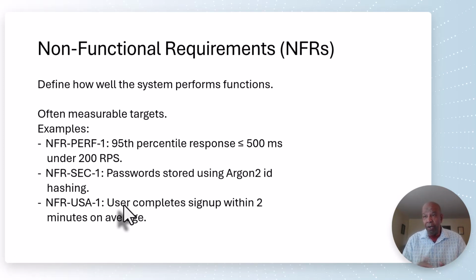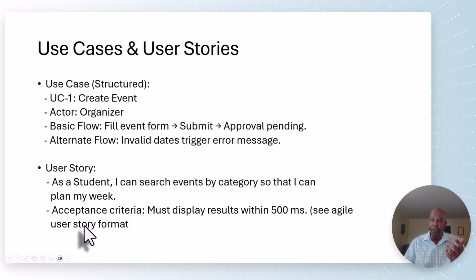No, you can use whatever identification format you would like, but be consistent. Don't have non-functional requirement 1 in a different format from the ID of non-functional requirement 2. Be consistent in how you label functional and non-functional requirements.